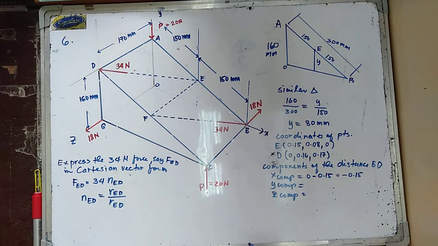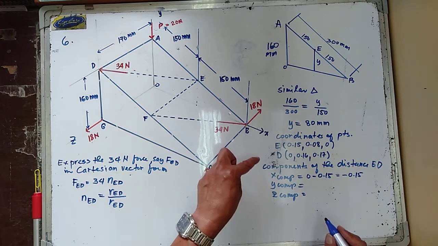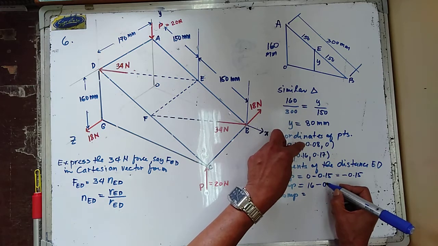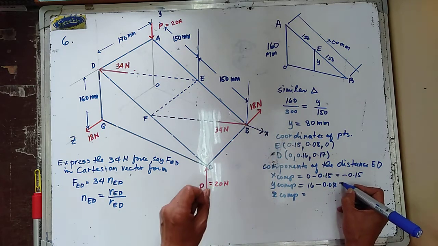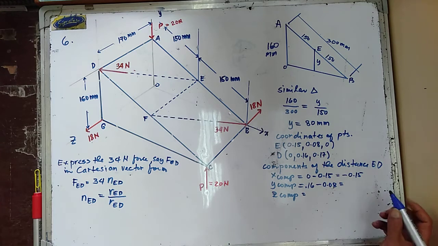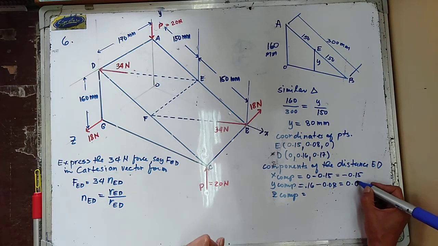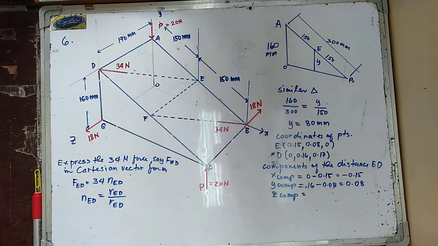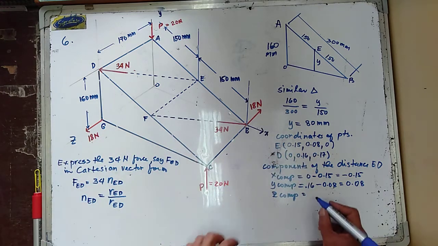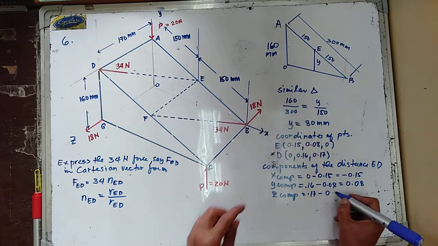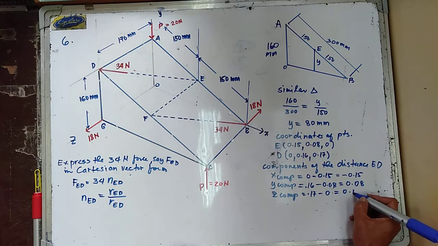The Y component is 0.16 minus 0.08, which is equal to 0.08 meter. And the Z component is 0.17 minus 0, which is 0.17.